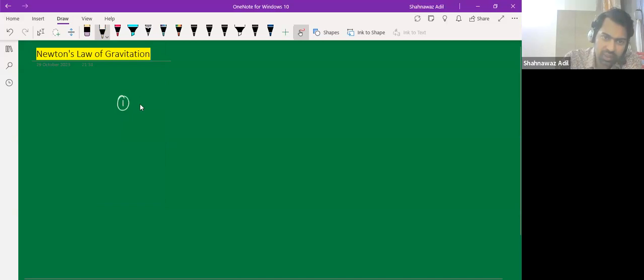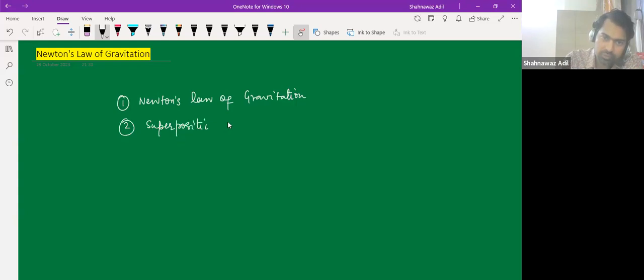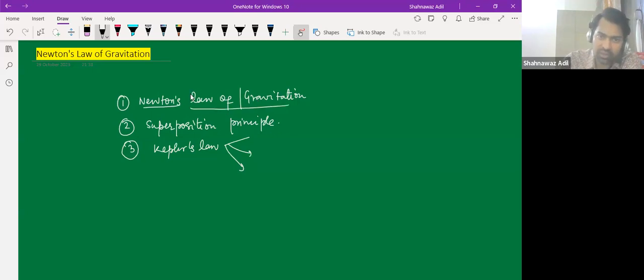First, we will cover Newton's law of gravitation, and then we will understand the superposition principle. And then we will talk about Kepler's laws. Kepler has given three laws, and Newton used that idea to prove the law of gravitation.